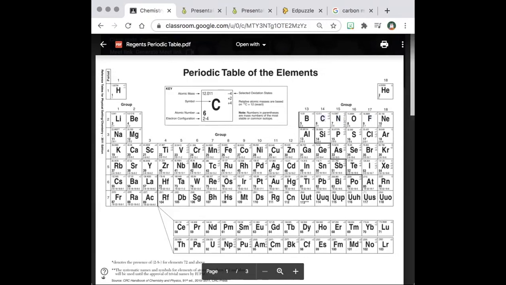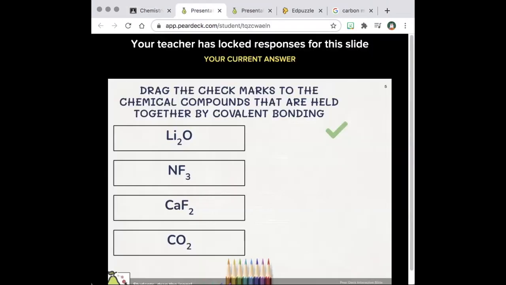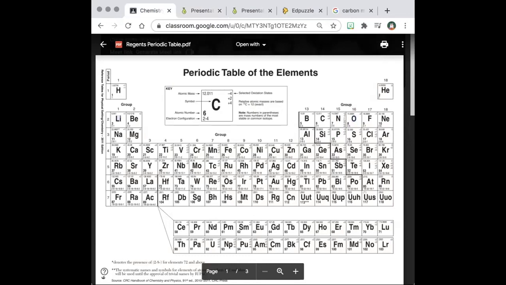Similarly, carbon and oxygen, both nonmetals, so those guys are going to be covalent as well. But let's double check these other 2, lithium oxide and calcium fluoride, just to be sure. Lithium, way over here in group 1, is a metal, and metals do not ever form covalent compounds. Metals will always either form ionic or metallic bonds, and similarly, calcium is located here in the metals section as well.